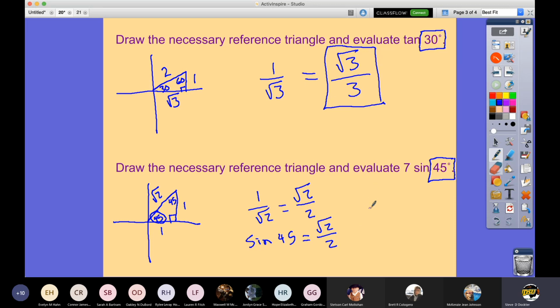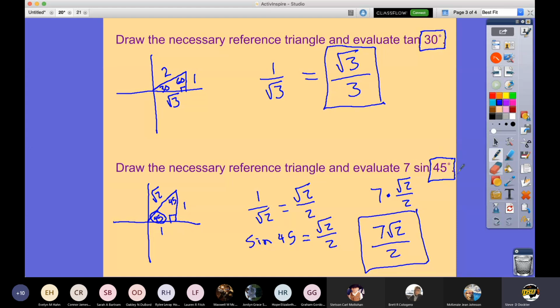So we would just take our square root of 2 over 2 and multiply it by that 7, and we would end up with 7 square root of 2 over 2 for our answer. I know in the past we talked about doing it a little bit differently, but this is normally the easier way to go. Simplifying down, just leave the 7 until the end.